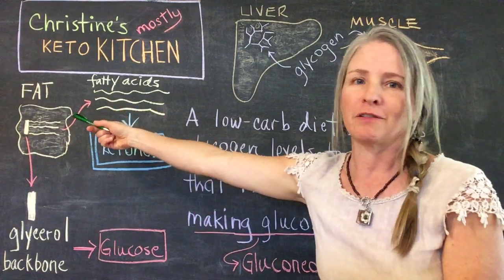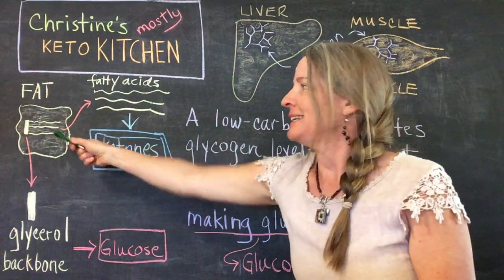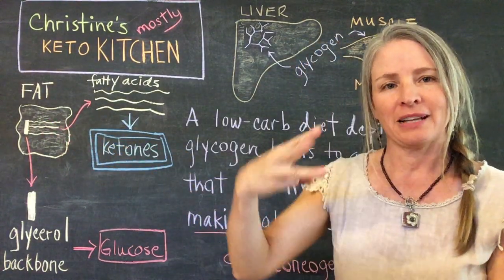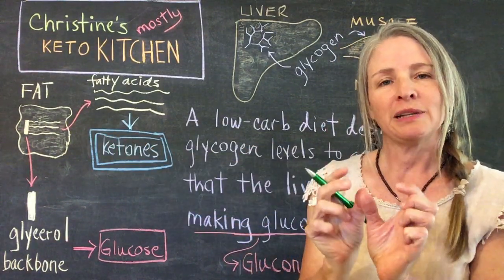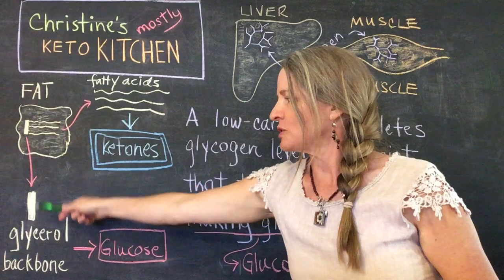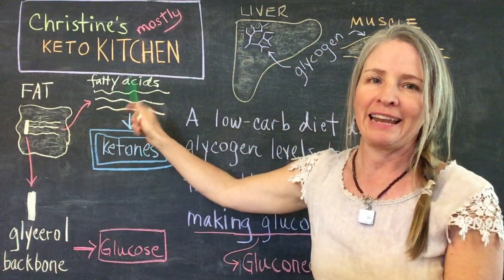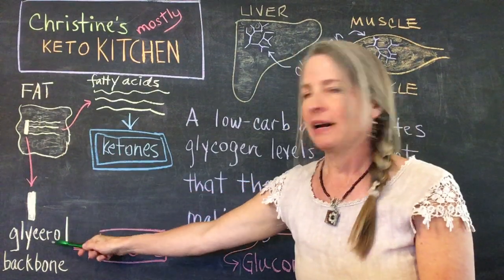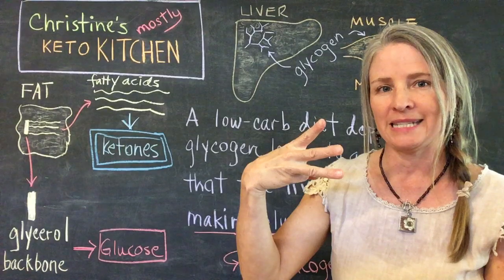And that's what we have over here, this nice blobby yellow guy. That is a fat cell. In it, it has a triglyceride. Remember, that's kind of like this E-shaped thing. So that triglyceride, if we split it into two parts, we've got this part that looks kind of like a band, and then we've got these little chains. The chains are the fatty acids, and the band part here is what we call the glycerol backbone. And there's just 3 carbons in it.